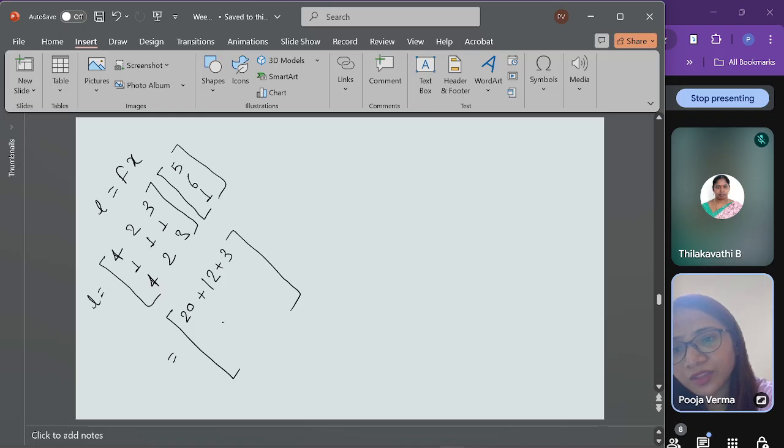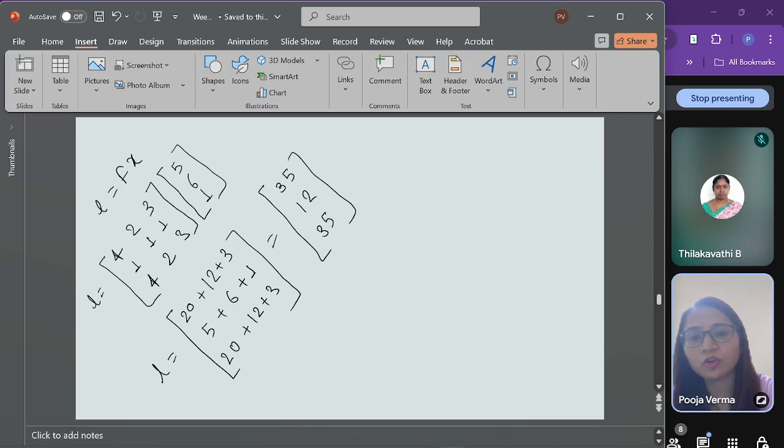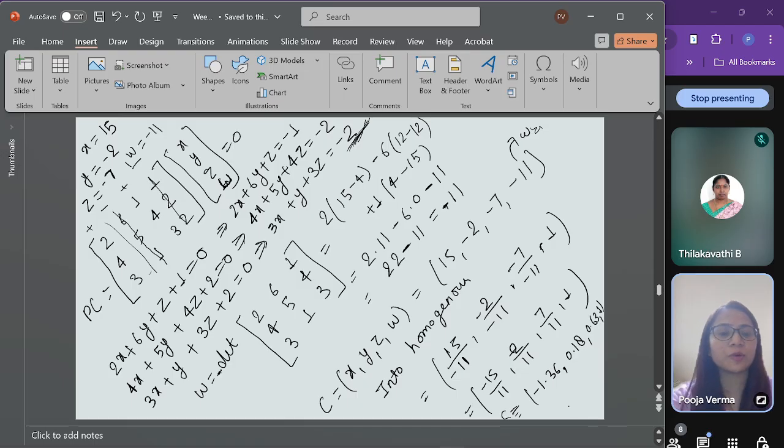Similarly here it is 20 plus 12 plus 3. If you add, you will get 35, 12, 35. So that is the epipolar line L that you have got, 35, 12, 35, and the camera center you have got minus 1.36, 0.18, 0.63 and 1.